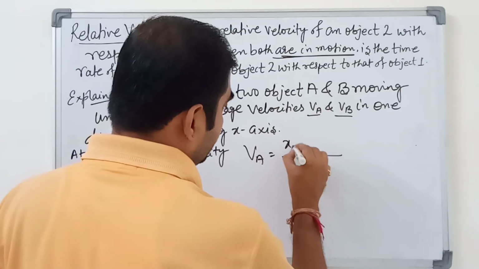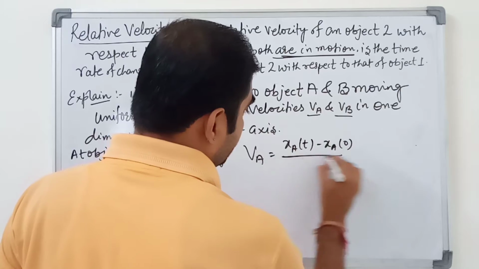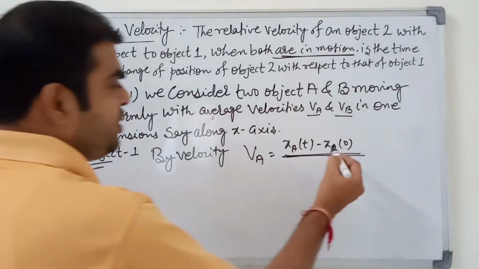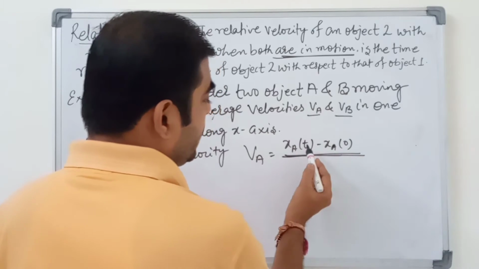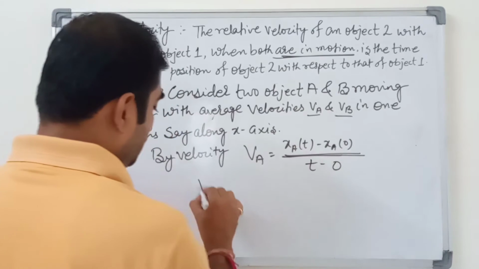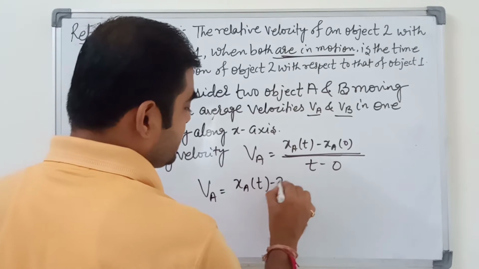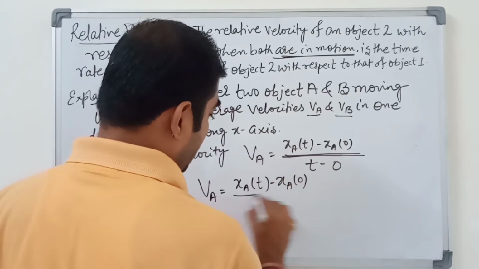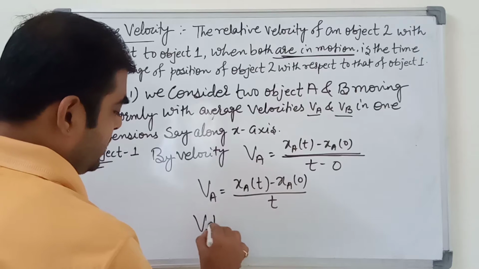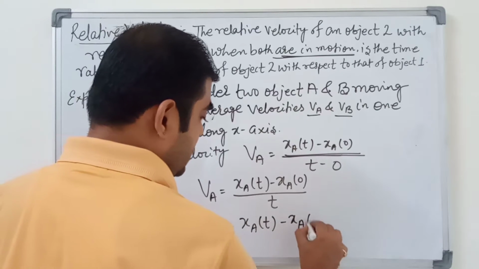It means xA(t) minus xA(0). xA(t) is the position at time t, and xA(0) is the initial position, divided by t minus 0. So vA is equal to (xA(t) minus xA(0)) over t. Now cross multiplying, vA t is equal to xA(t) minus xA(0).